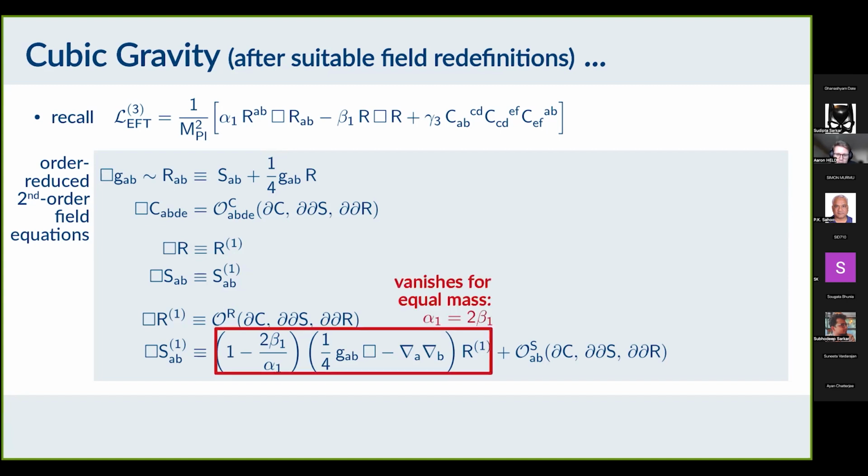So here, if I now pick, for this highest equation in the tower of massive modes, the masses to be equal again, which in these coefficients here means that I'm picking alpha 1 equals 2 beta 1, then this part of the equation vanishes.